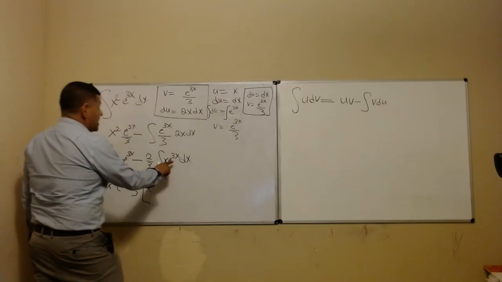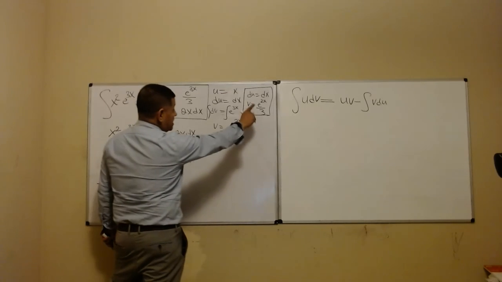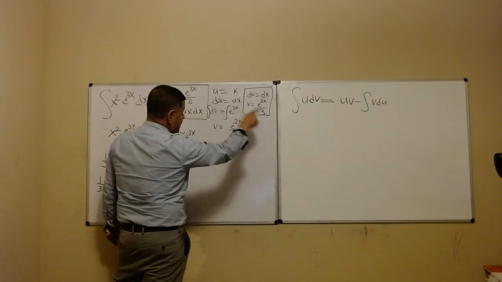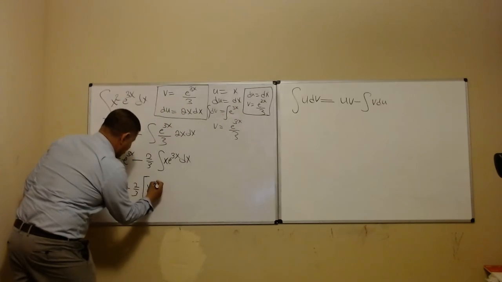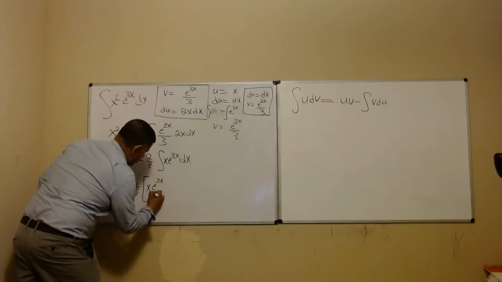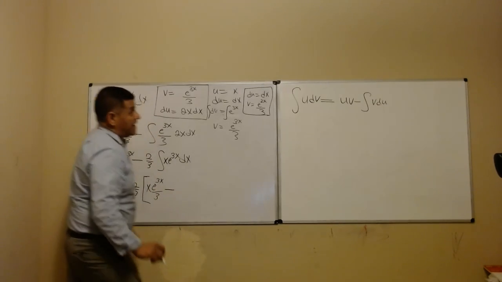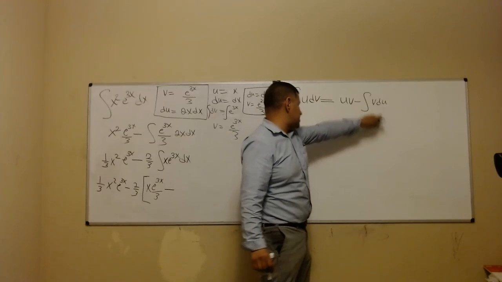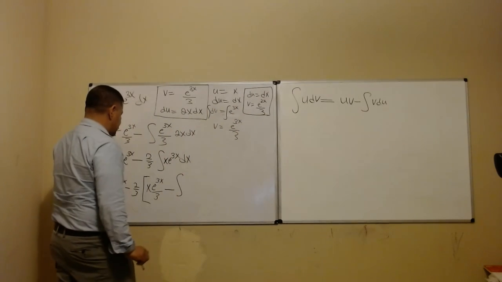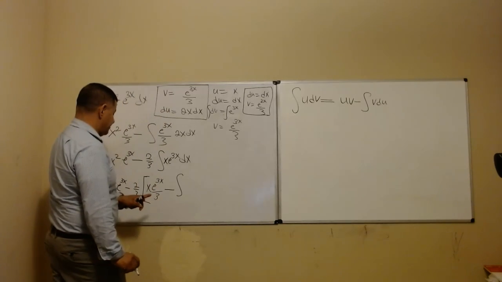And then we have v, which is e to the 3x over 3, right? Minus the integral, minus v du, right?